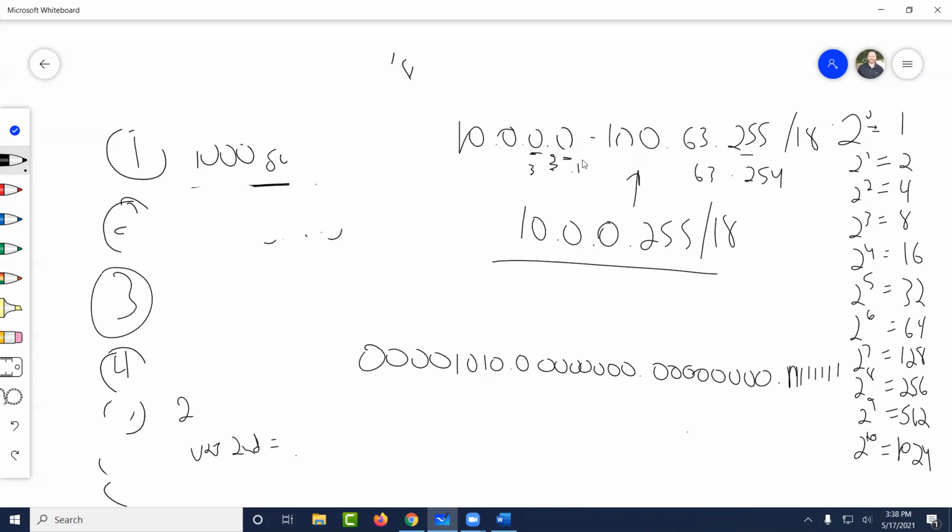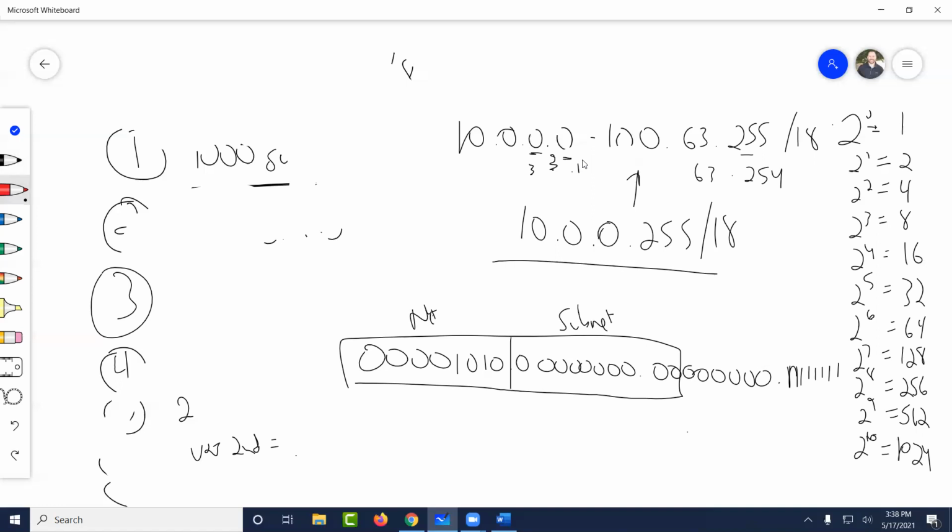We know the first 18 bits are network bits: 8, 16, 17, 18. Now, I know that this part is actually network and this is subnet, but still, that's our subnet ID. But now take a look at all of our host bits. Are they all ones?